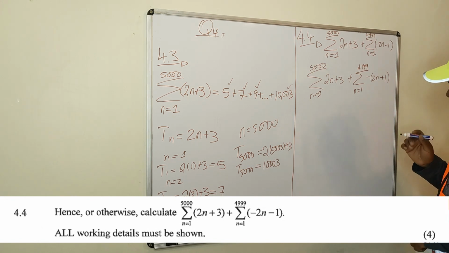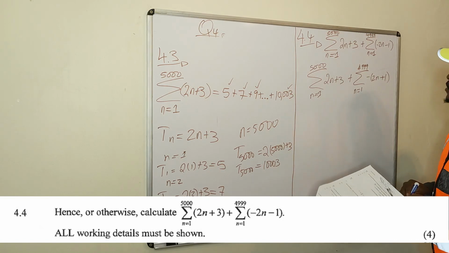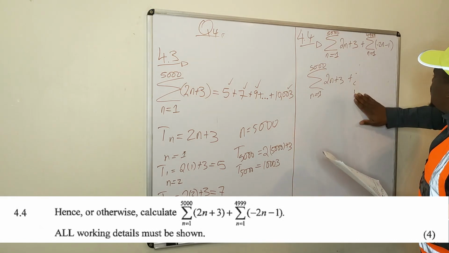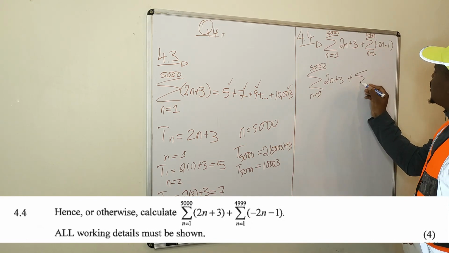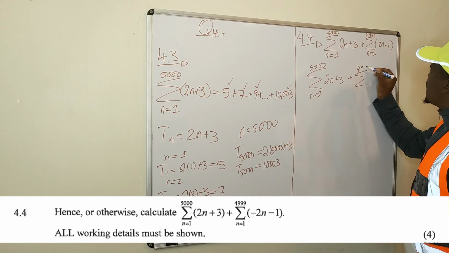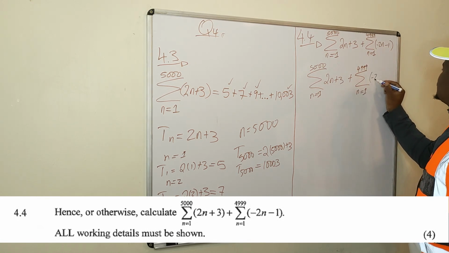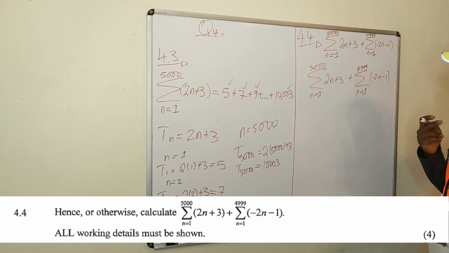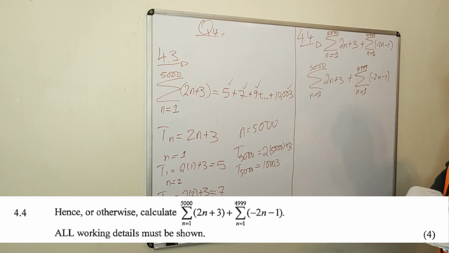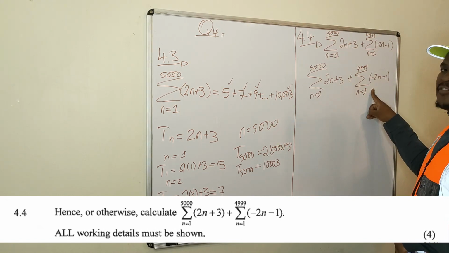Actually, no, I will not do it this way. I'll just clean this part here. I'll write it as it is. I'll say, okay, I have the sum from n equals 1 to 4,999 of negative 2n minus 1, right? And then here I have 5,000 terms. Here I have 4,999 terms.